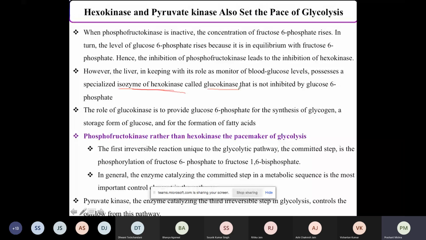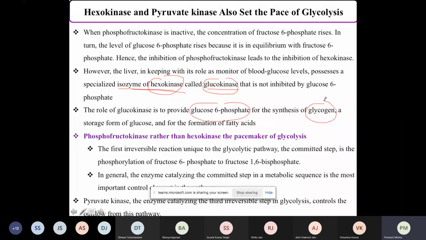So even if I inhibit hexokinase, glucokinase is present. The role of glucokinase is to provide glucose 6-phosphate for the synthesis of glycogen, or for storage, which is finally going to be stored as a carbohydrate material.